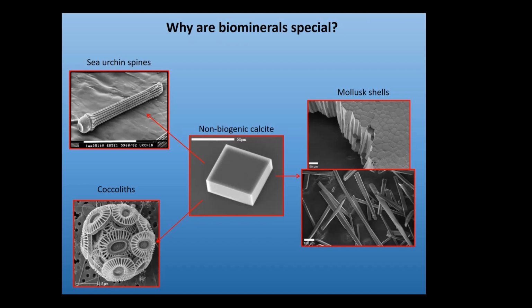And it's not just about changing the morphology, it's also about changing the properties. Calcite in itself is a very bad material when it comes to protection because it's very brittle. It cleaves very easily along the 104 plane. So it's not really what you think of as a material to use for protection, as a mollusk shell does or as a sea urchin spine does to defend the animal, because it would normally just fracture.